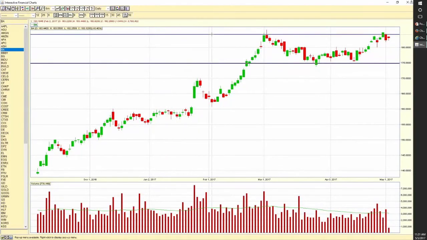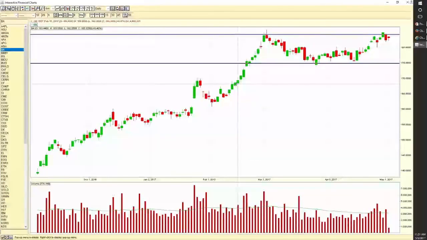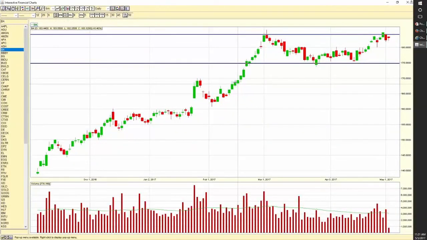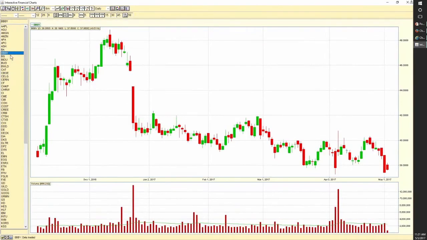We seem to have some sort of level of support and some sort of level of resistance. And I'm just eyeballing this. Again, I don't want to create something completely difficult for you here. With support and resistance, I'd like the levels to be tested more than once or twice.